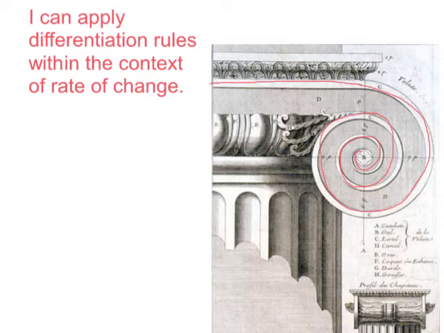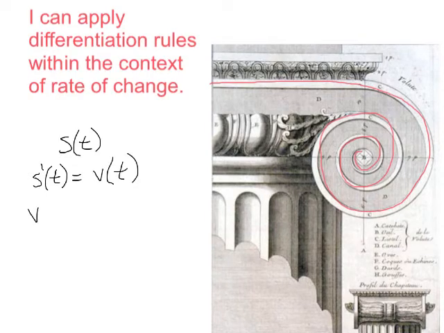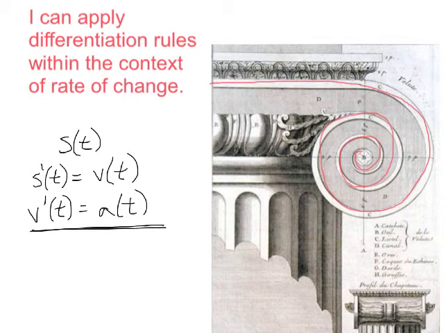After this video, you should be able to apply differentiation rules within the context of rate of change. The most important takeaway is that the derivative of position, s prime of t, is your velocity function, and the derivative of your velocity function is your acceleration function. The one thing that students frequently struggle with is the concept of speeding up or slowing down.